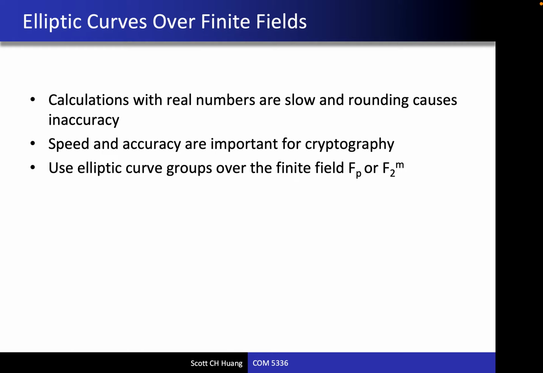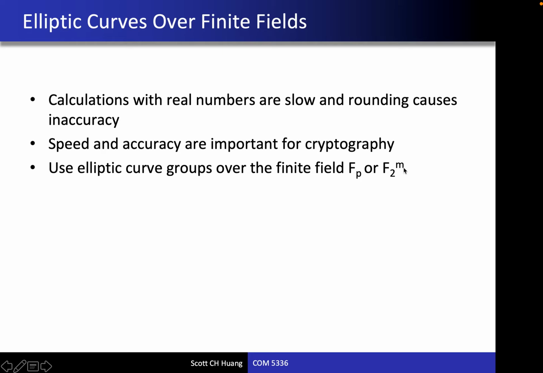And there are two types of fields that we can use. We know that the number of elements in a finite field is some power of a prime number. However, we won't use GF(p^n) in general. We only use two types: either GF(p) when p is prime, or GF(2^m). In the second case, we use base 2, 2 to the m.